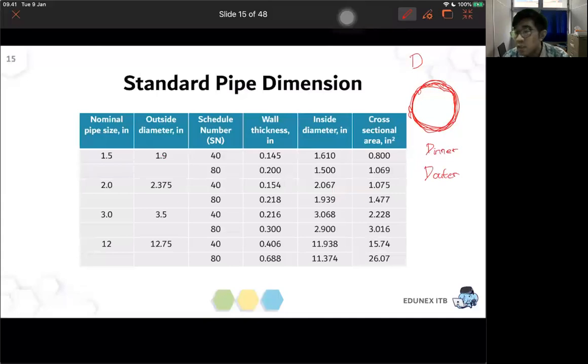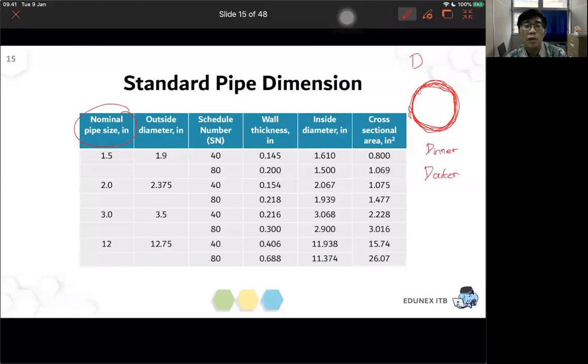The problem is, in the real world, the pipe size is normally not mentioned directly in inner diameter. It will be stated as the nominal pipe size. For example, if you go to the toko bangunan and you want to buy some pipe or some fitting, then the seller will ask which size.